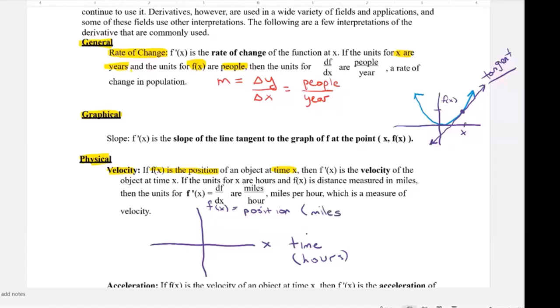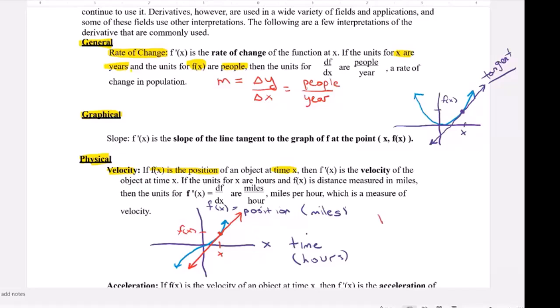So if I drew a graph, let's call it something like this. Like, I just want to draw a parabola every time. And then I want to know the rate of change right here. Then I make a tangent line through that point. This point is x, f of x.